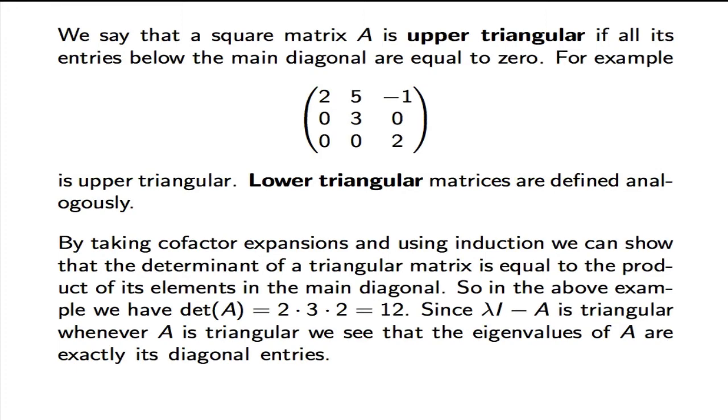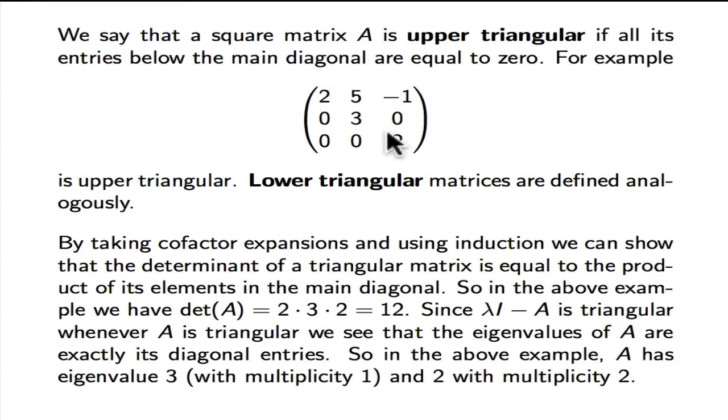And since lambda times the identity minus A is also going to be a triangular matrix, lower or upper, whenever A is triangular, then we see that actually the eigenvalues of A are in fact exactly its diagonal entries. So in the above example, A is going to have eigenvalue 3 with multiplicity 1, and eigenvalue 2 with multiplicity 2.